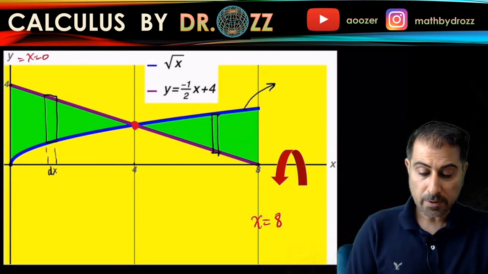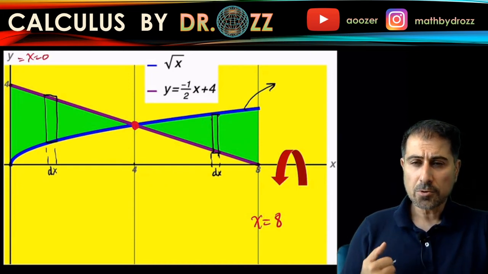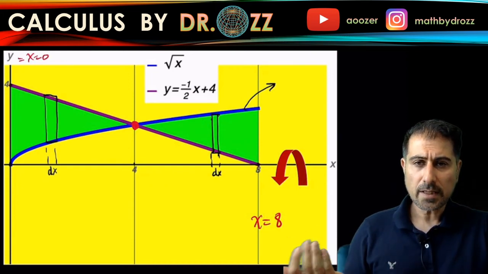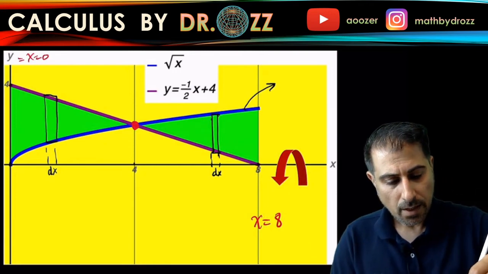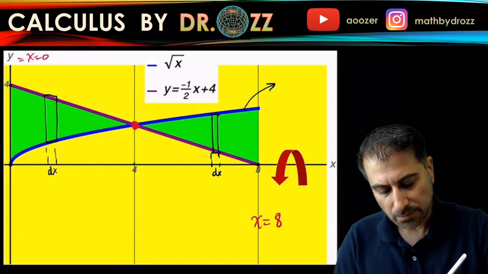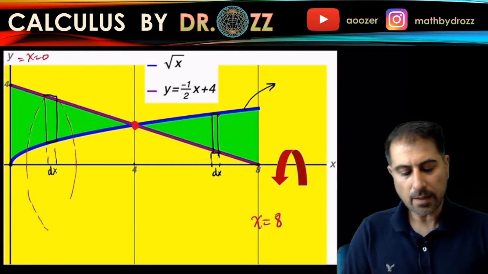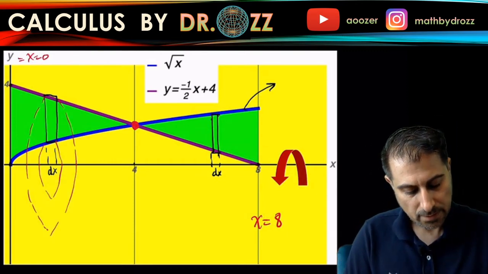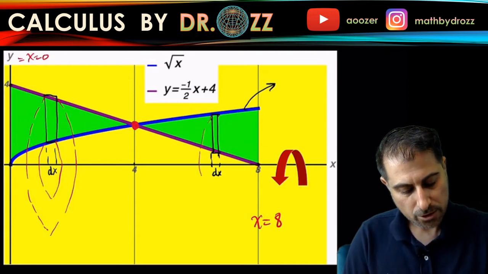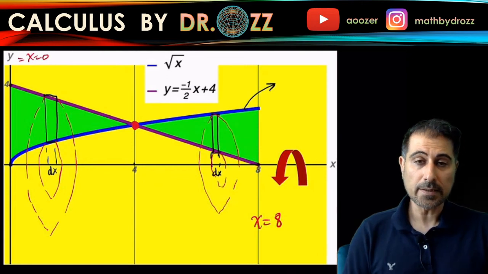Maybe you should first observe that the two regions are completely different, and the corresponding volumes are going to be different, because in this one, if you revolve this around the x-axis, you're going to get this kind of washer, and if you revolve this one around the x-axis, we're going to get this type of washer, both with thickness dx.